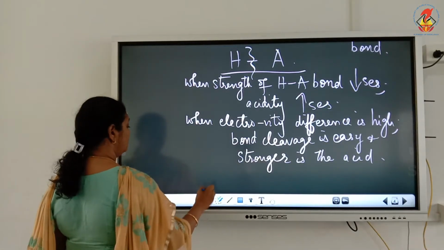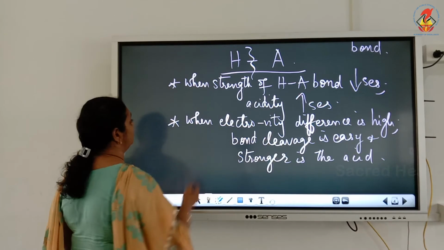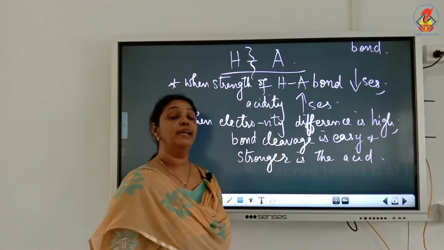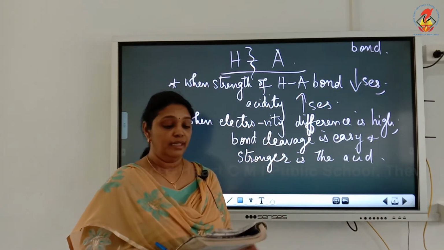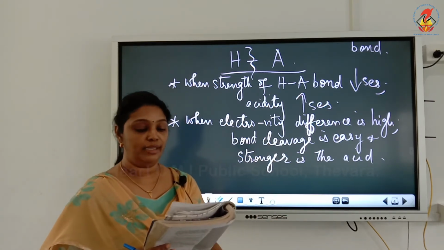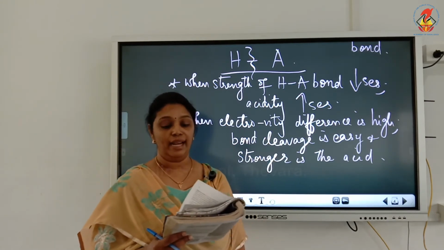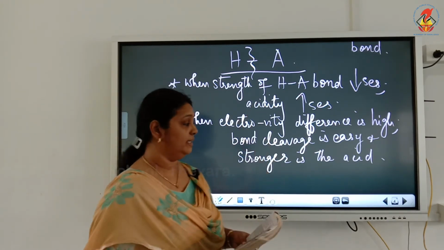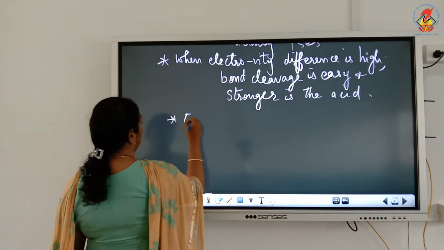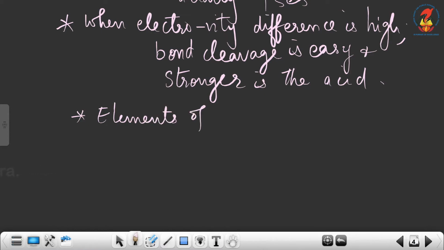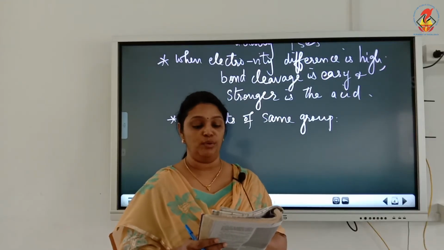Okay, so these 2 points are very important when we discuss the factors. One is the strength of the HA bond and the other is the electronegativity difference. Now the next point that you have noticed: when we compare elements in the same group of the periodic table, like group 1, group 2, here we have to consider the HA bond strength.